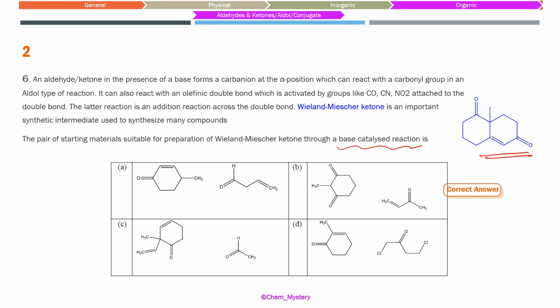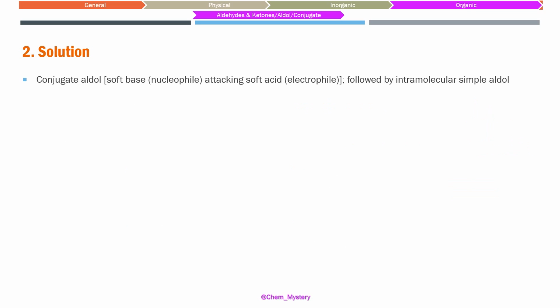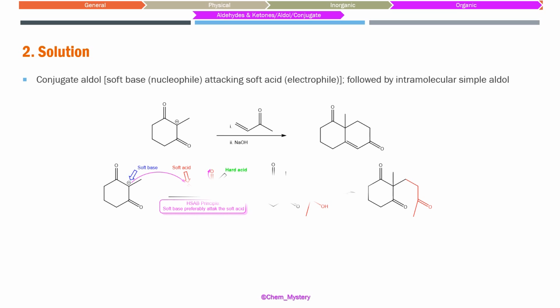What we need to understand here in this case is that there is an aldol condensation reaction. Conjugate addition is going to take place, and after that there is one step which we understand as the intramolecular simple aldol condensation. In the first step, the carbonyl present on this dicarbonyl compound is attacking this conjugated ketone. This kind of product is being formed in 2 steps. Step number 1 is soft base attacking the soft acid, followed by generation of this enol, which is converting into the keto form. And there is something we call the HSAB principle.